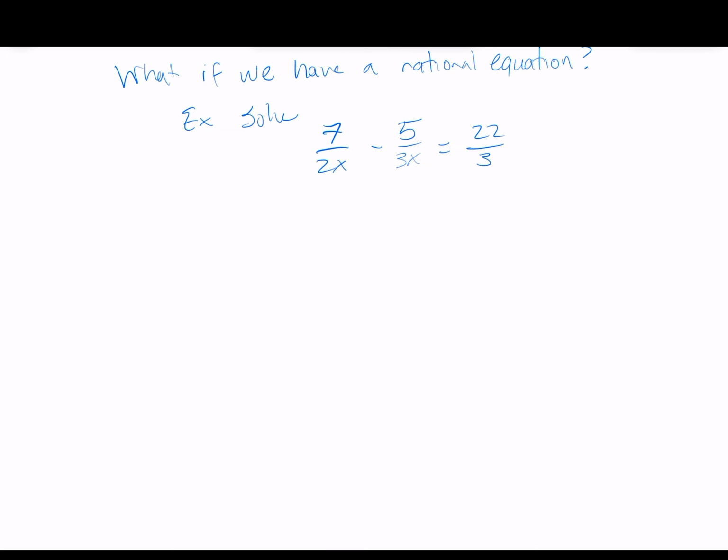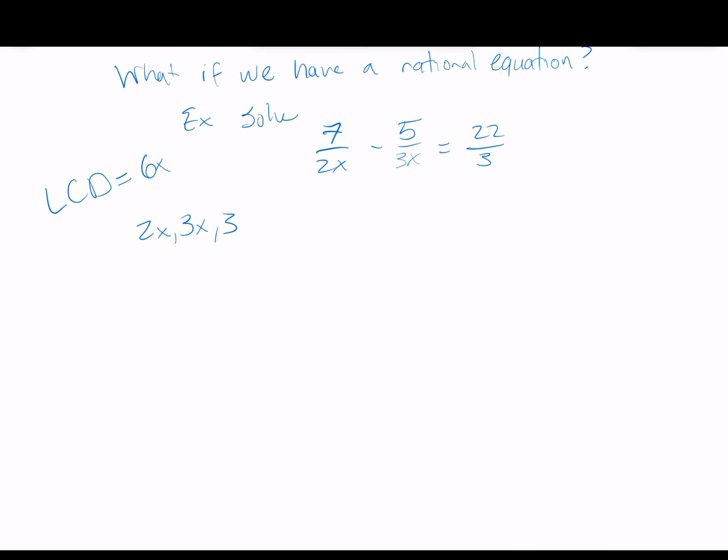So our very first step is to try to clear the denominators. And the way we do that is with the least common denominator. We know that 2x, 3x, and 3 must be factors of this LCD. And so we know that the first multiple that contains all of these is 6x.